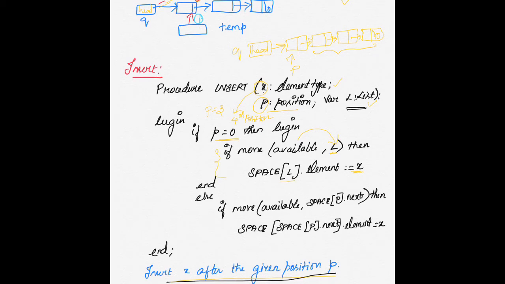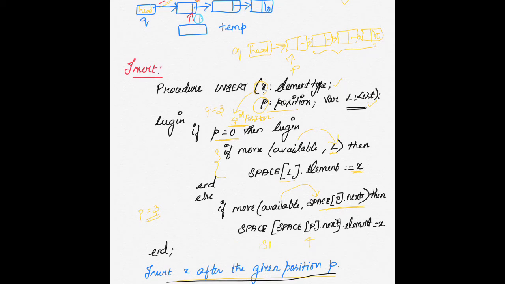And if, for example, you already have a list called L, then in that case the position might not be 0, it will be something else. So let me take my position to be 3. So p is equal to 3. In that case, at the fourth position you have to insert the x. So we will be moving one memory cell from available to list L at the fourth position. That's why I have given space of p dot next. So at the fourth position, space of p dot next is actually 4.